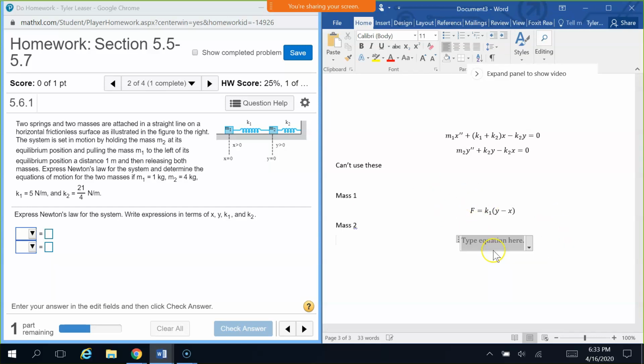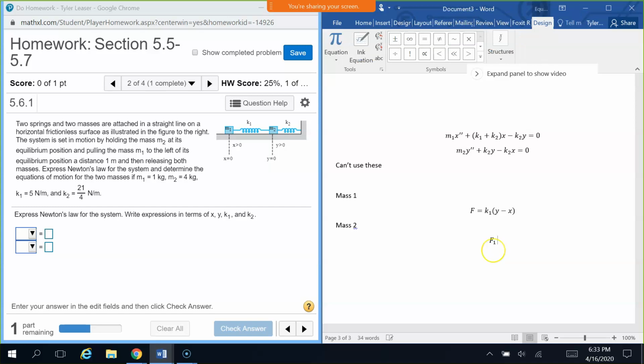For mass 2, there's two different things acting on it. The first thing acting on mass 2 is the K1 spring. So that's going to be acting on it, but in the negative direction, the constant K1, and then again that y minus x distance. But it's also going to have another force acting on it on the right, which is the spring that's connected to the wall.